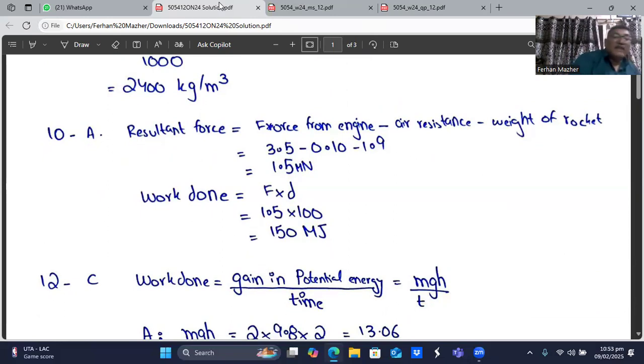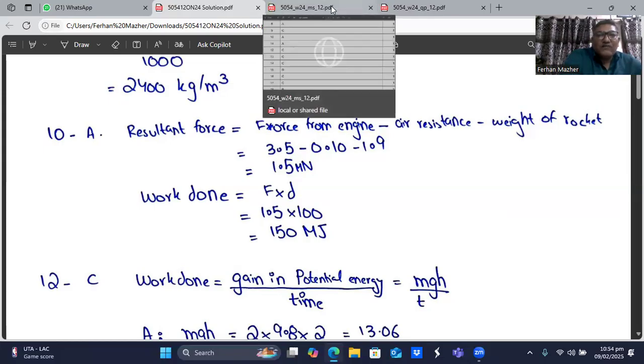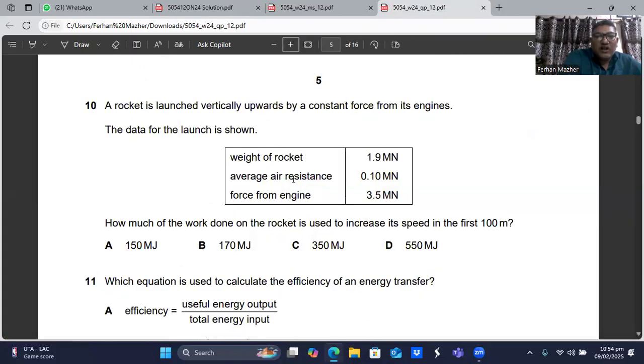So the work done by this force, which will be used to increase the speed of the rocket, will be force into distance. And the rocket has moved 100 meters in the direction of this force. So it will be 1.5 multiplied by 100, and it will be 150 million joules, or you can say megajoules. So 150 megajoules or million joules, 150.